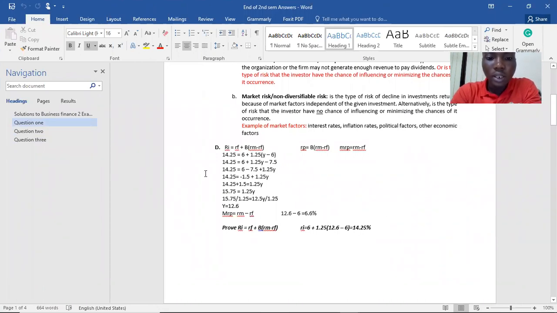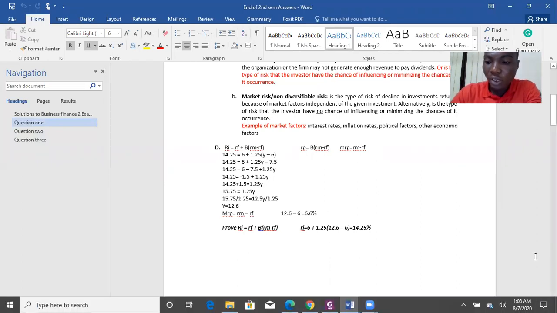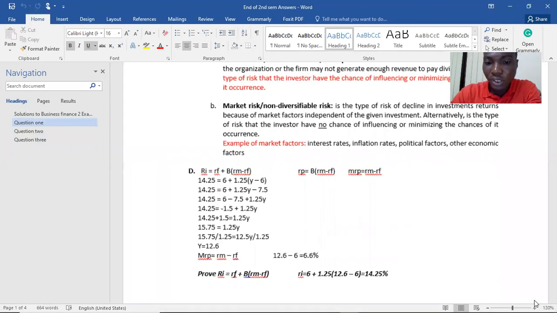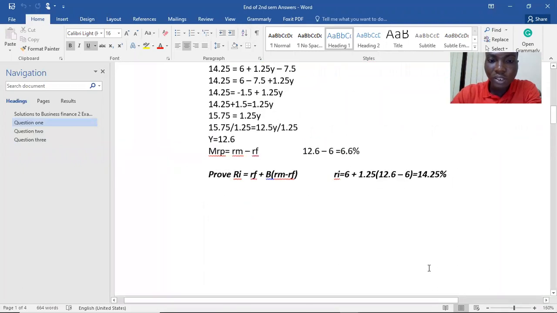In that question, you were asked to find the market risk premium. And we know the market risk premium is our market return minus the risk-free rate. In this question, you were not given the market return, so you have to find it, which we did over here. In an attempt to find the market return, you change your subject.